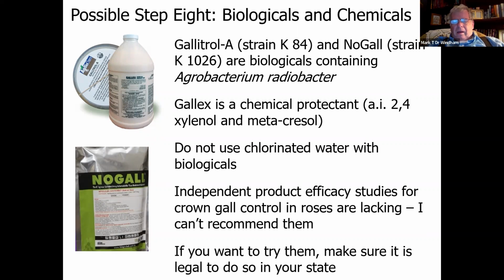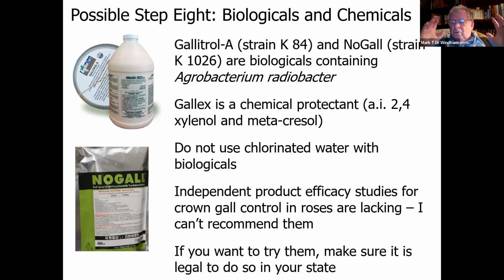Now, Gall-X is also sold by the same company that produces Galltrol A. And there are some people that, before they buy it, think they're buying a biological. But Gall-X is a chemical protectant. That's 2,4-xylenol and metacresol, a cresol compound. So this is a chemical, and these are all protectants.